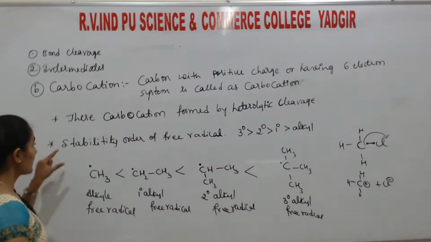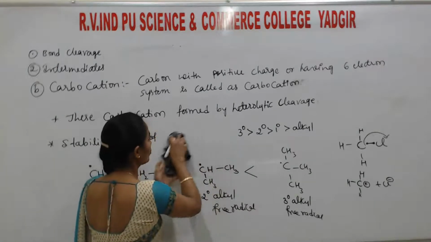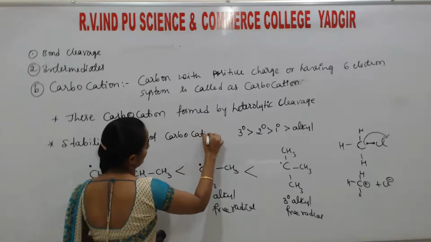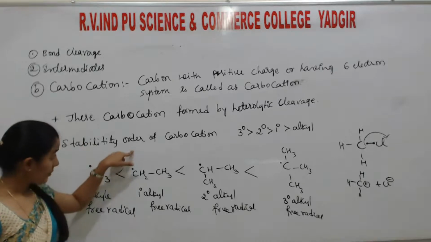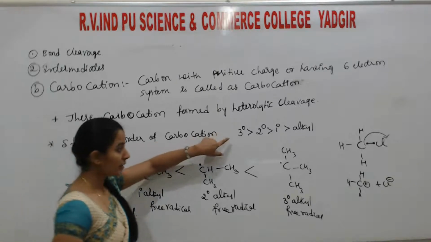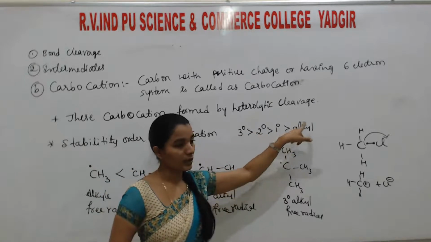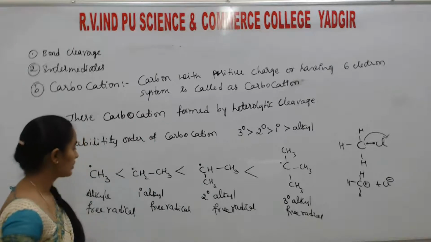So students, the stability order of the carbocation also follows the same: tertiary carbocation greater than secondary, greater than primary, and greater than alkyl carbocation I am telling. Okay.